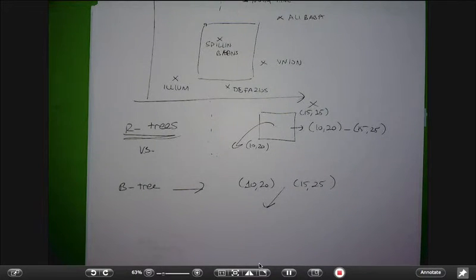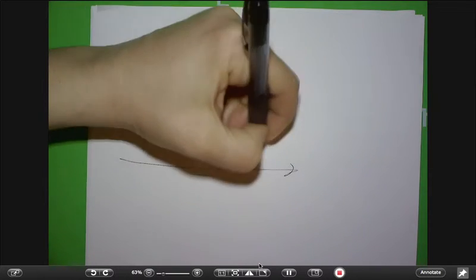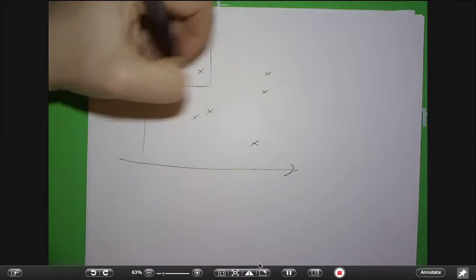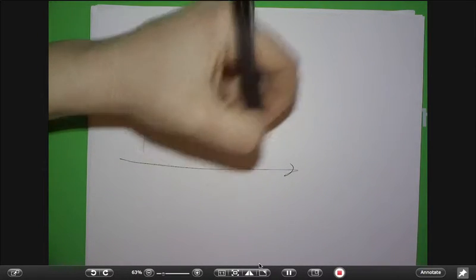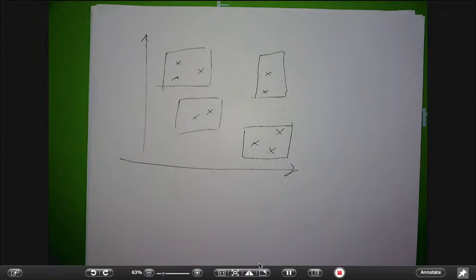And you will take the space that you have. So if you had this, and you would divide it into rectangles like this, these are tuples.